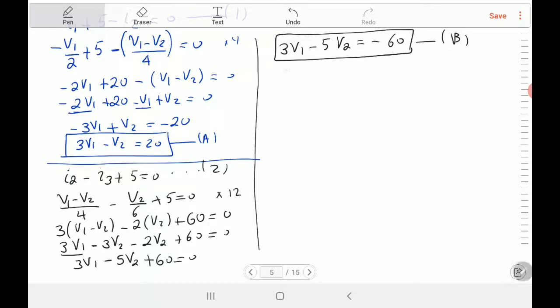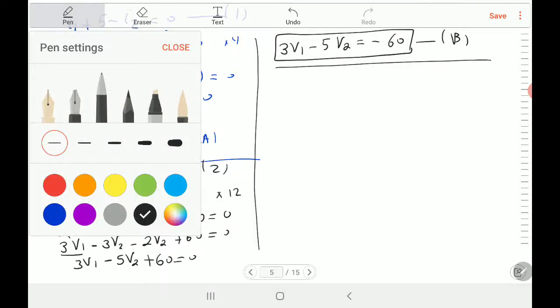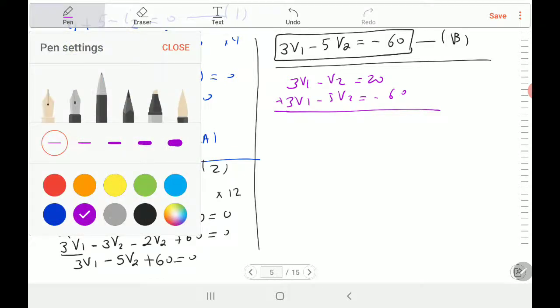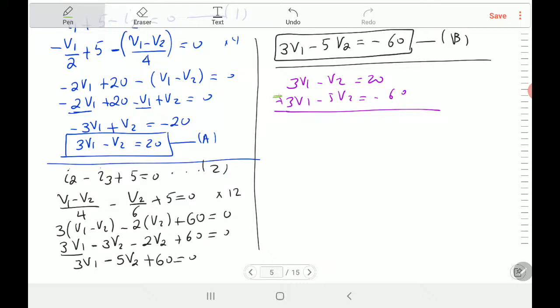I will just go ahead and solve this simultaneously. That's A: 3V1 minus V2 is equal to 20. The second equation, 3V1 minus 5V2 equals minus 60. I multiply the one on the bottom by a negative sign.